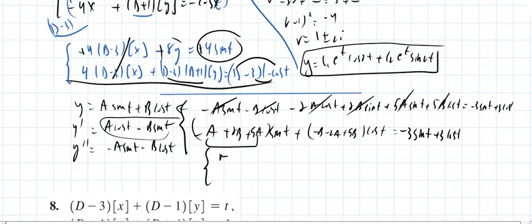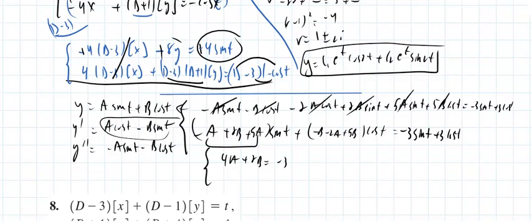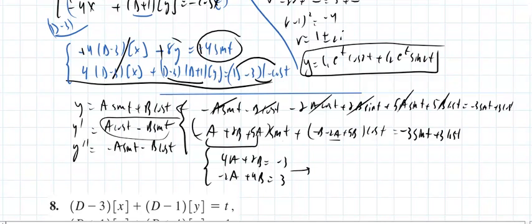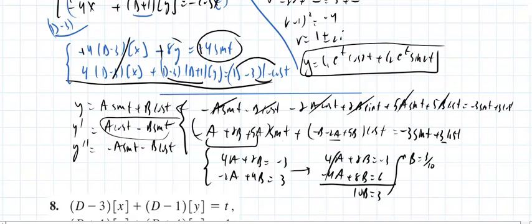This is 4a plus 2b, and that should equal the number in front of the sine, which is negative 3. And this should be negative 2a plus 4b. That should equal the number in front of the cosine. If I multiply the bottom by a 2, then b equals 3, so b is 3 over 10.